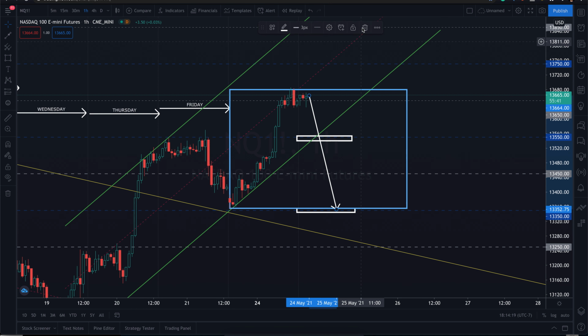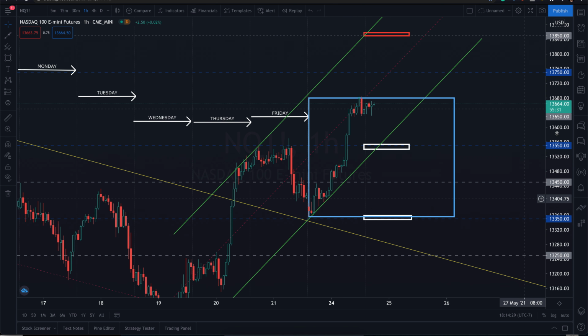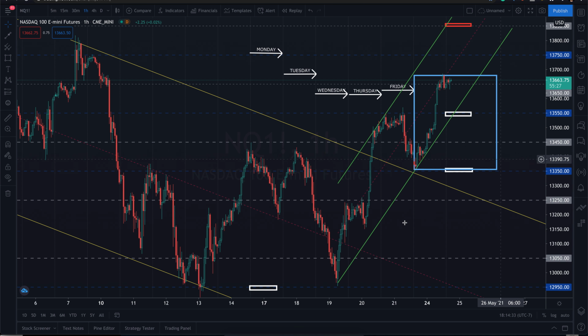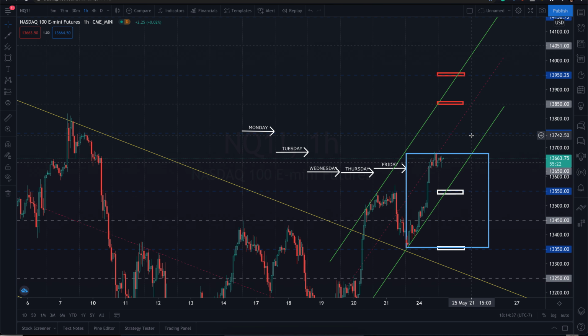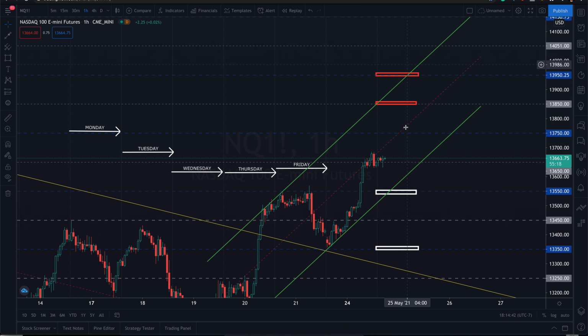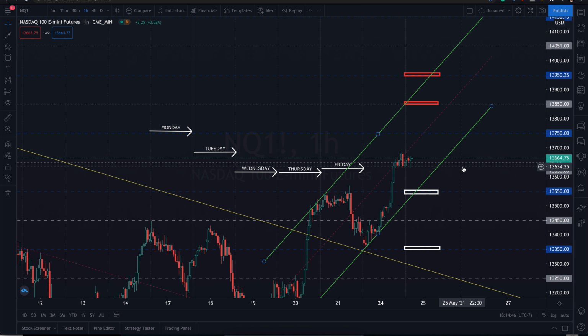So I'm just preparing you guys for the bearish scenario. I don't think after this strong push we're going to see a bearish day tomorrow. Obviously everything is possible. There might be some news or something that moves the market, and that's why I'm just going over it. I believe that we're going to see a continuation and we're going to hit any of these two levels potentially tomorrow.